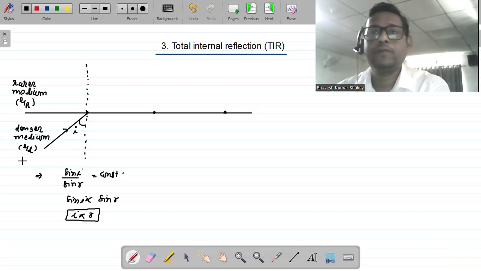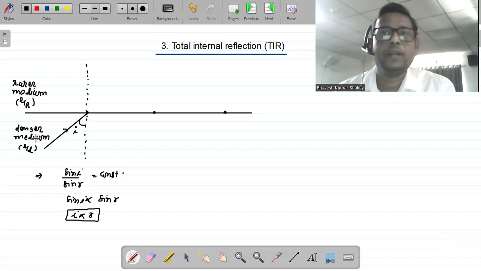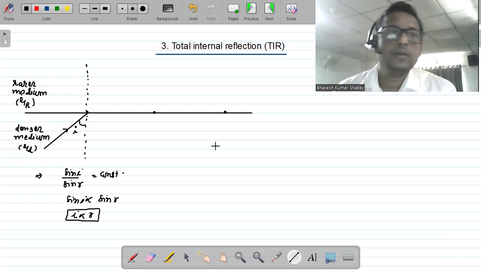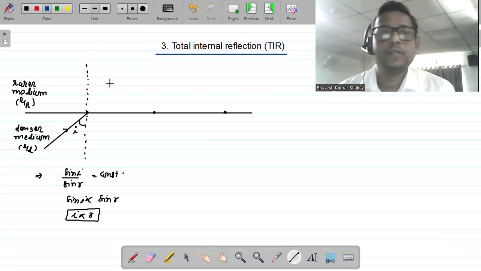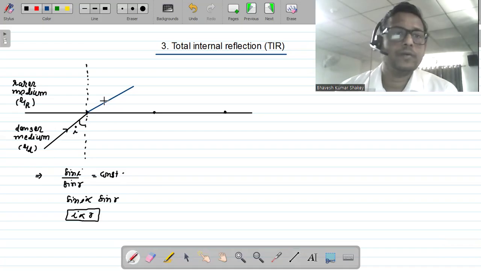The light ray is traveling from denser medium to rarer medium, and we now very well know that when the light ray travels from denser medium to rarer medium, it goes away from the normal. We know that from our previous lectures. This light ray goes away from the normal like this, and this angle is called the angle of refraction.